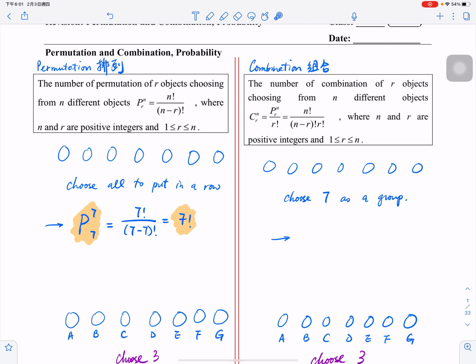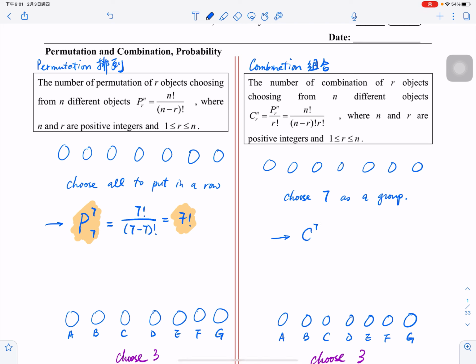Here n and r are positive integers, r is between 1 and n. Same as we have 7 objects. If we choose 7 as a group, that means combination, so this one is 7C7. You found that if you choose all of them, you only have one combination, right?